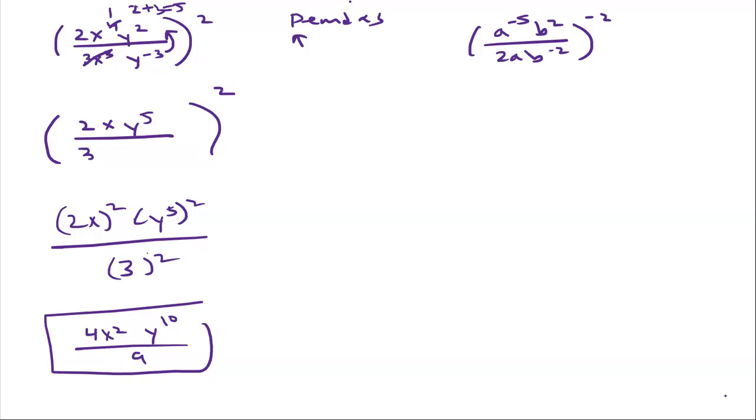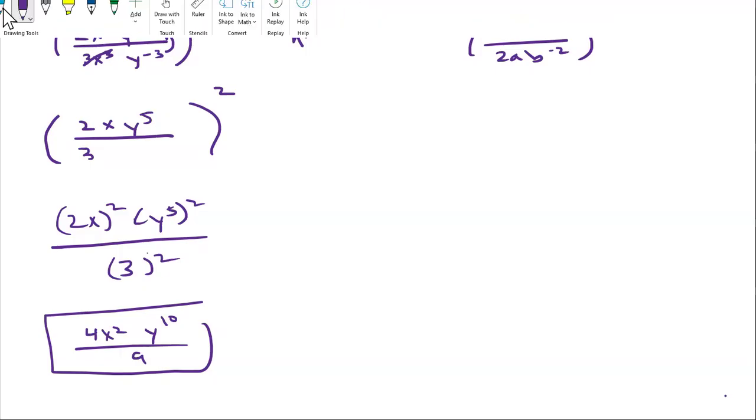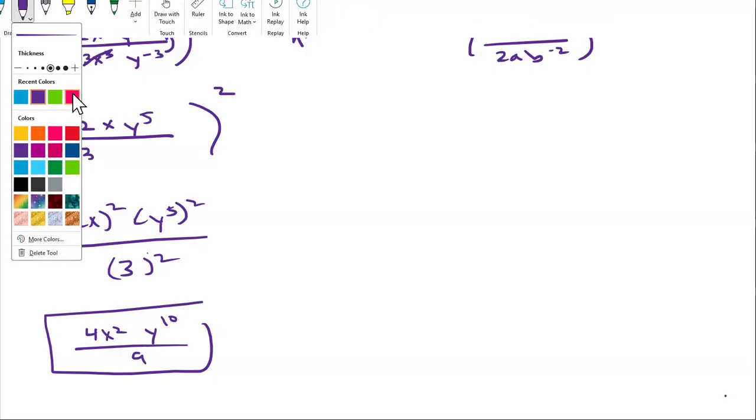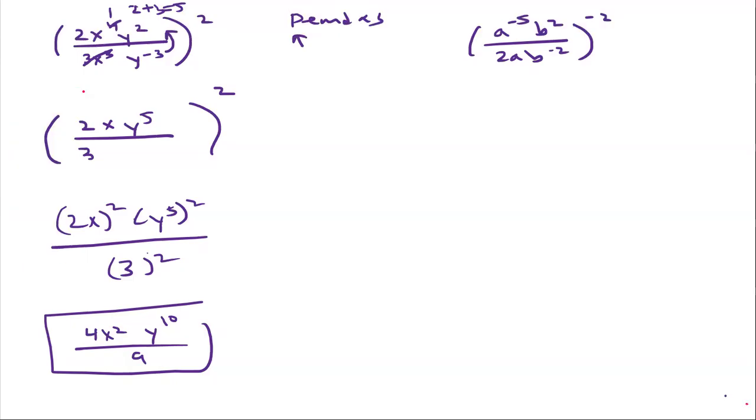All right, so remember what we want to do is work inside the parentheses first, and then we can raise it to the power. So we have a to negative 5 divided by 2a. I can bring the a to negative 5 downstairs, so I'll have b over 2 on top still, and then 2 times a and then a to the power of 5, and then b to the negative 2.